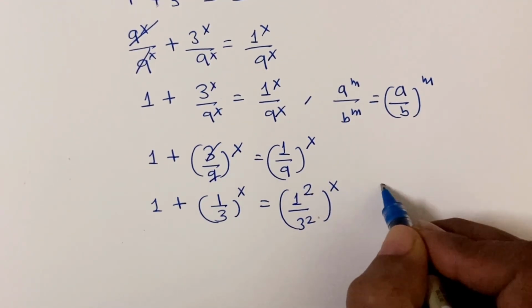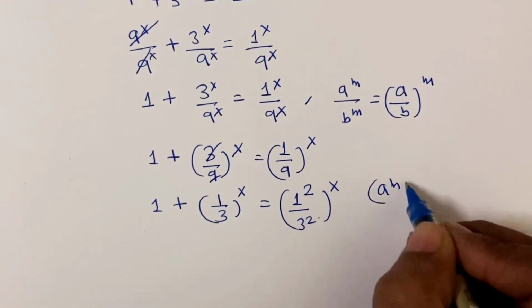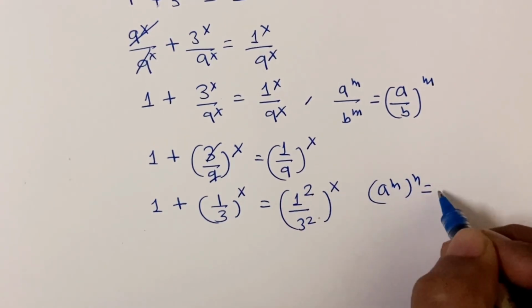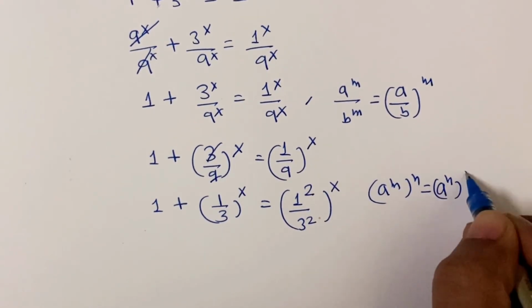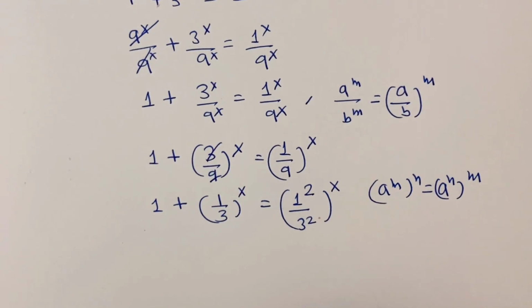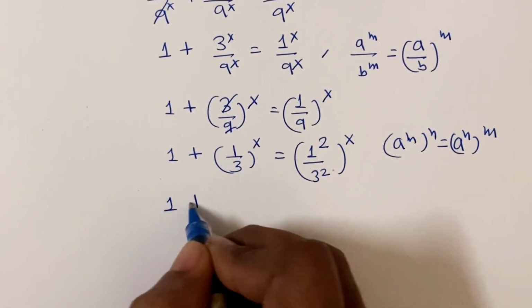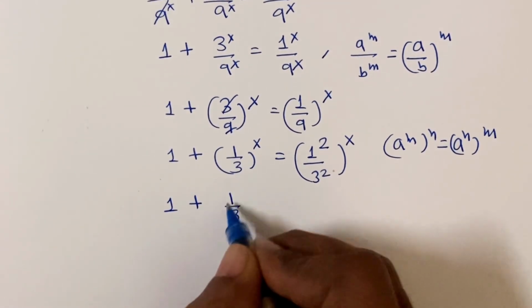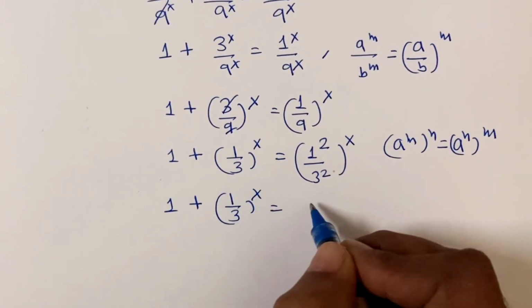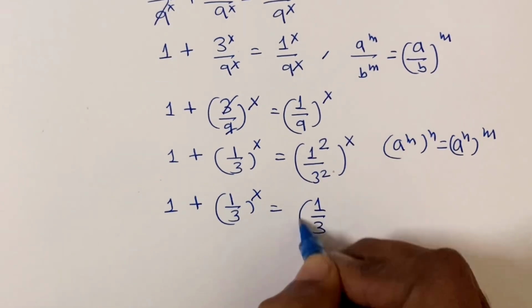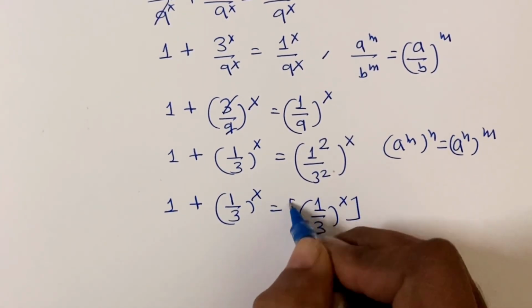As we also know that a to power m to power n is also equal to a to power n to power m. So it will simplify to 1 plus (1 by 3) to power x equals (1 by 3) to power x square.